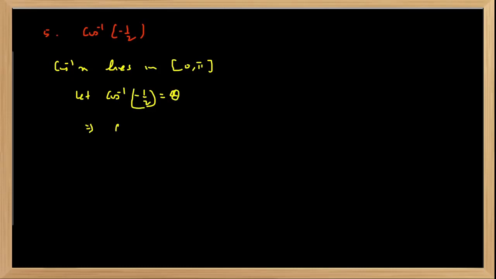So this implies cos theta is minus half, where theta is between 0 to pi. It is the first and second quadrant. There is no need again and again to draw these figures. Now, in the first quadrant, cos theta is half at pi by 3. But we want minus half. So minus half will be in the second quadrant.